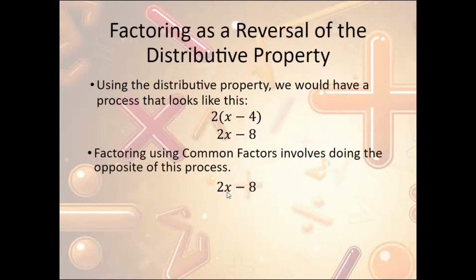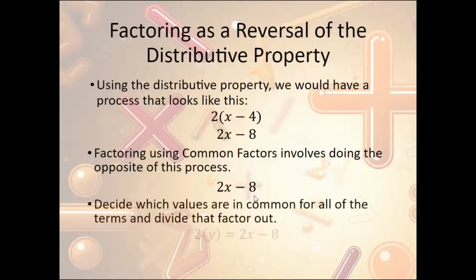Well, we know that 2x is divisible by 2, and negative 8 is divisible by 2. So I can pull that out, and I end up with 2 times x minus 4. So really it's the same thing. So I just divided each of them by 2 and put that outside. So factoring in this way is exactly the opposite of the distributive property.